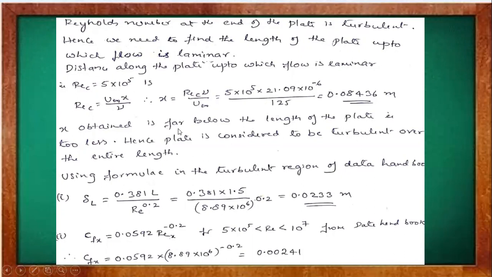So this X is far below the length of the plate. Since the length of the plate is 1.5 meters, compared to that the laminar region length is very small. Hence, we neglect it and approximate that the flow is turbulent from the inlet itself.